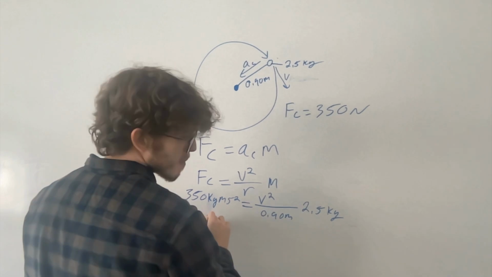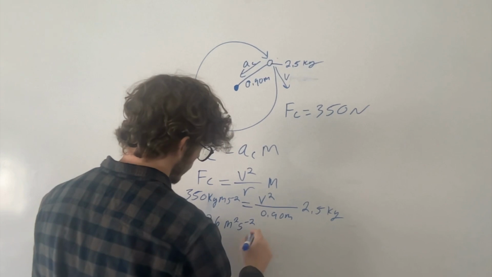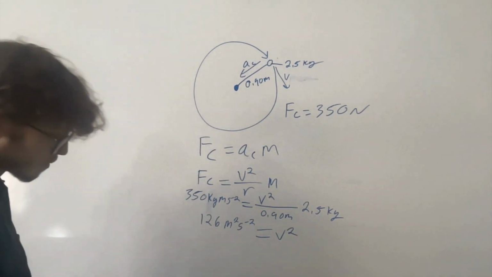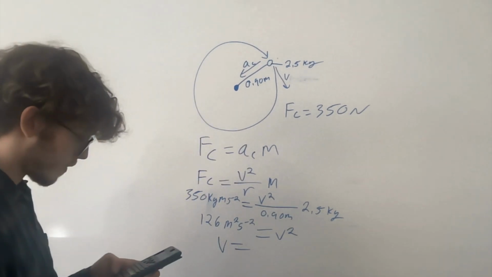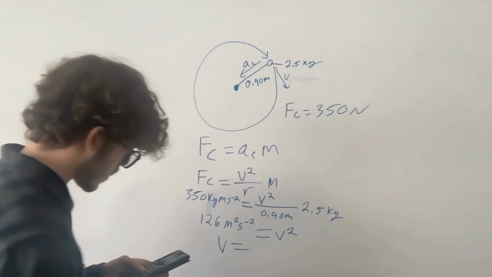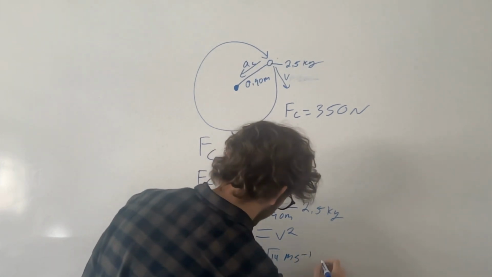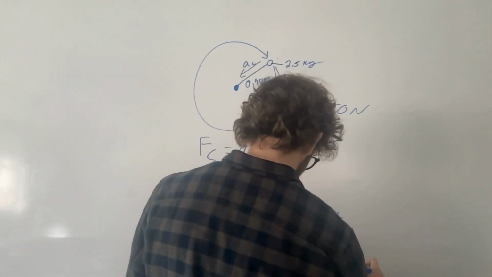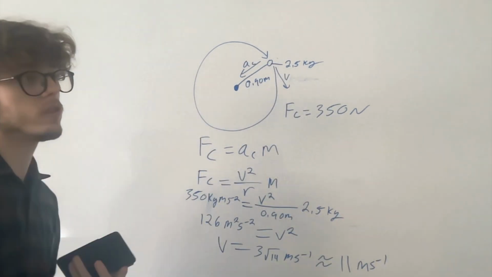That's kind of a mouthful, isn't it? 126 meters squared per second squared is v squared. You can see here we have square units, and we want to reduce that to just velocity. So we take the square root and we get 3 square root 14 meters per second, which is roughly, using 2 sig figs, 11 meters per second. So that's the velocity, and that's the solution to this problem.